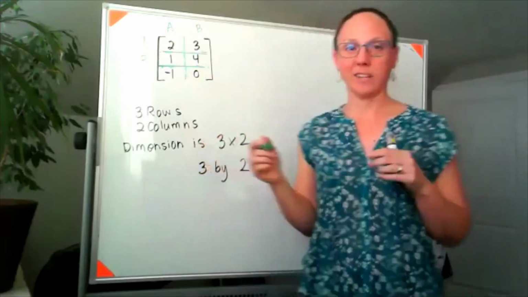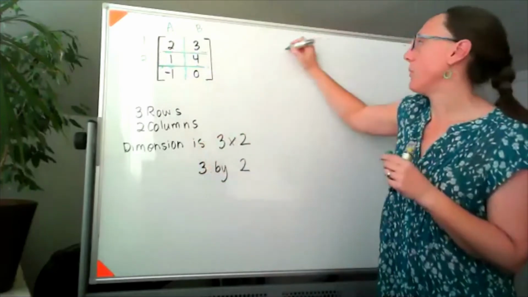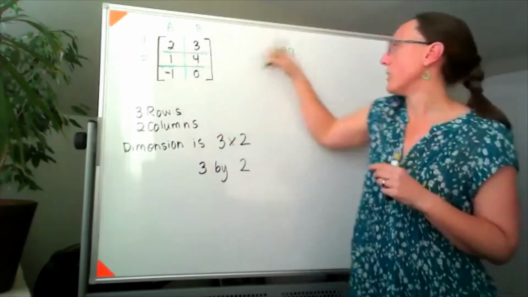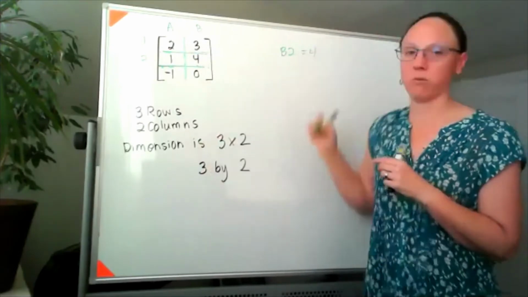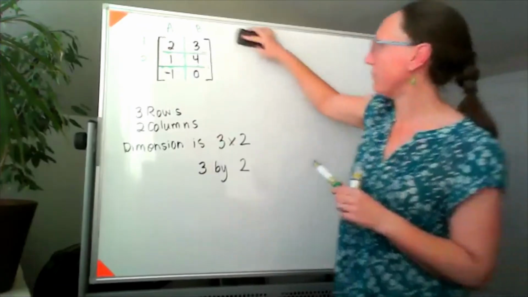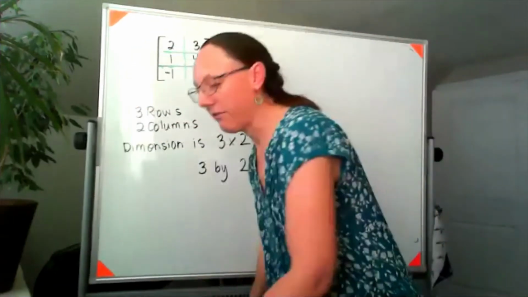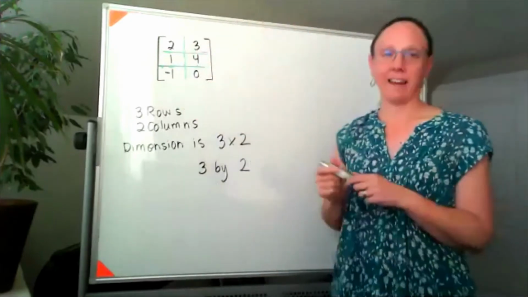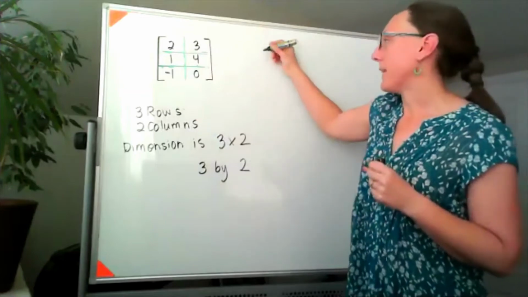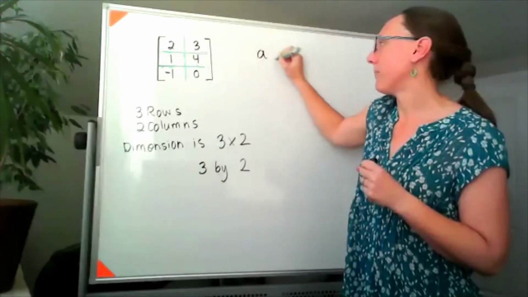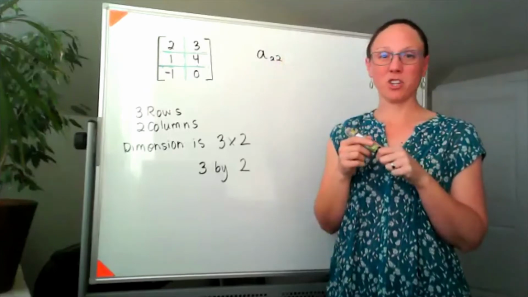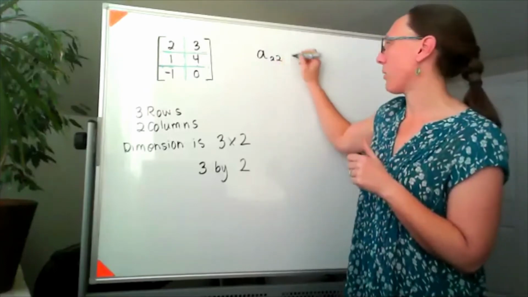And so in Excel, you might reference B2, and B2 would tell you we're looking for that number 4. Now in math, we label these a little bit differently. And if I wanted to get to that element number 4, I might say something like A2,2. And the reason for the 2,2, oh, that was a terrible example.